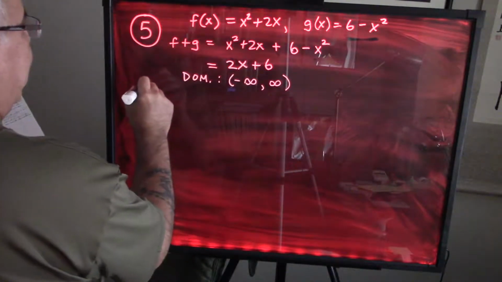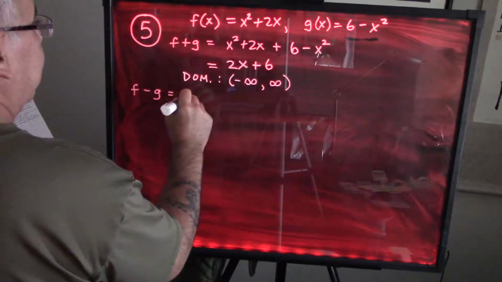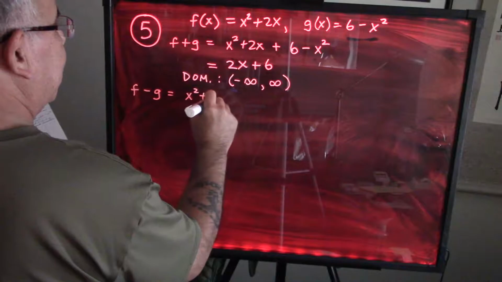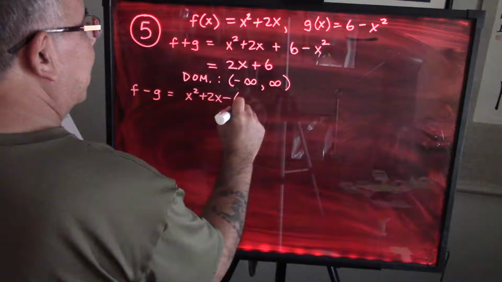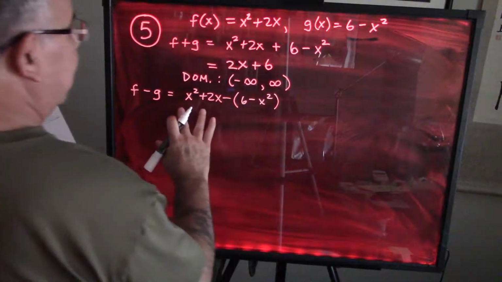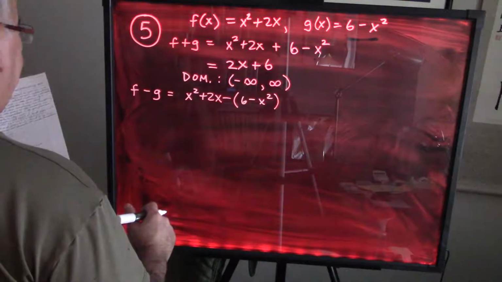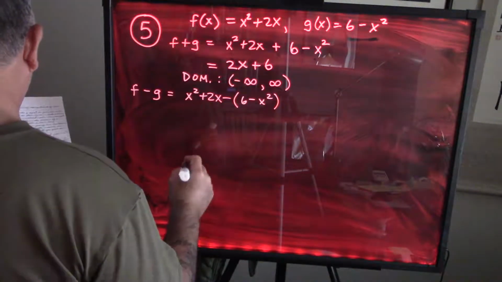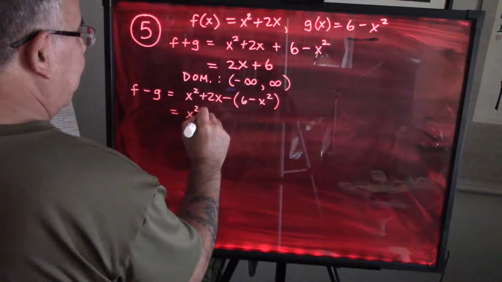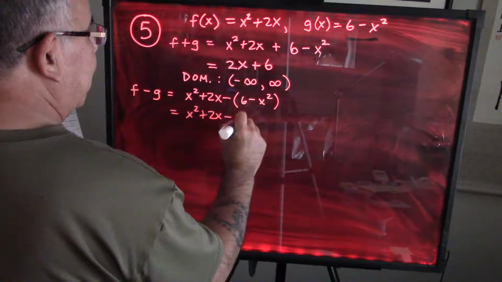And now we have f minus g. So here we go with the parentheses. X squared plus 2x minus parentheses 6 minus x squared. So here's f of x, these two terms, minus g of x. All right. So this is equal to x squared plus 2x minus 6 plus x squared.